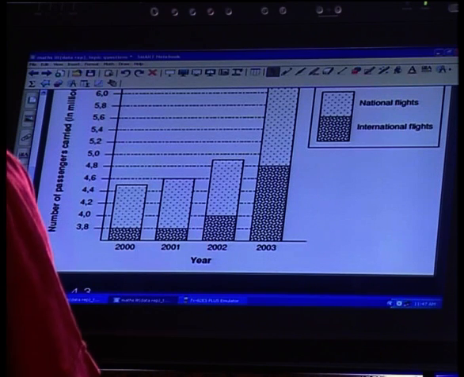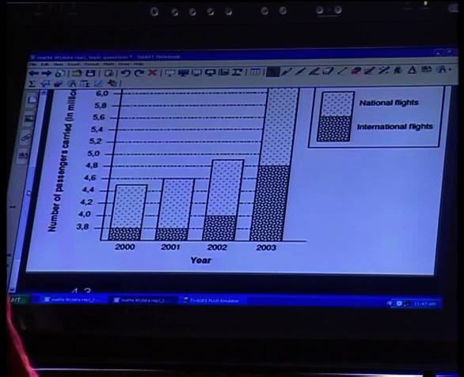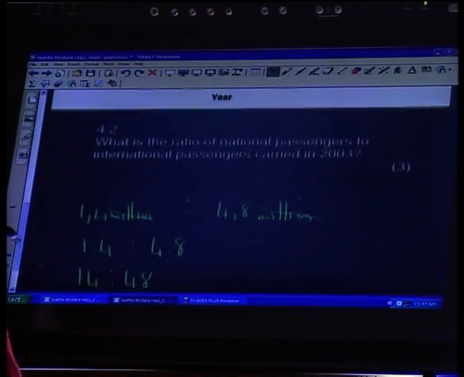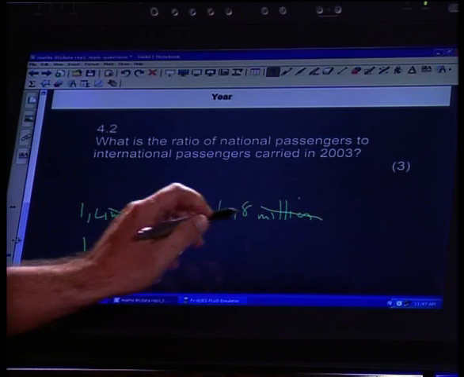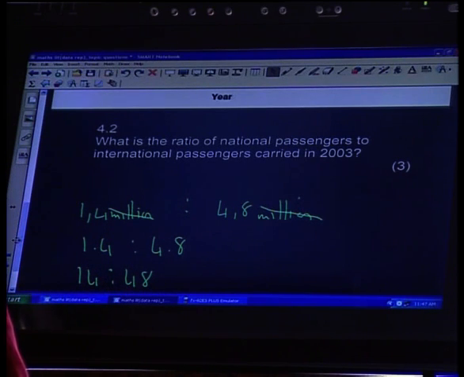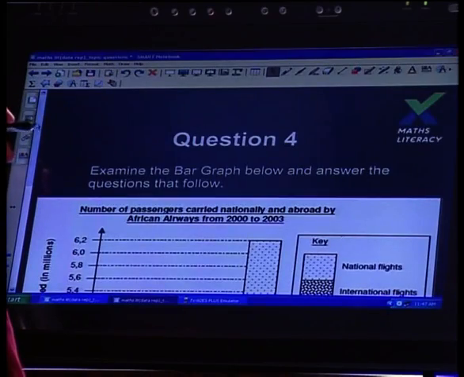And you may be tempted to say, well, the diagram is clear. It tells us that the national passengers are far more in abundance than the international passengers. However, even in our previous sum, we saw that there were 4.8 million international passengers and only 1.4 million national passengers. How can the graph then look so wrong?